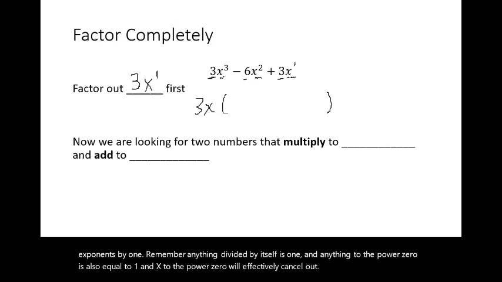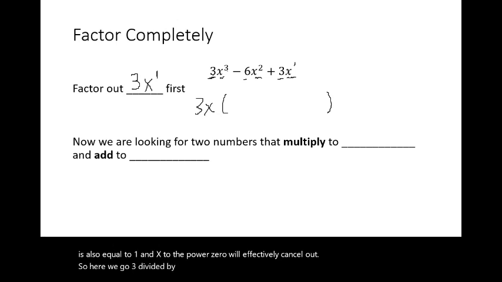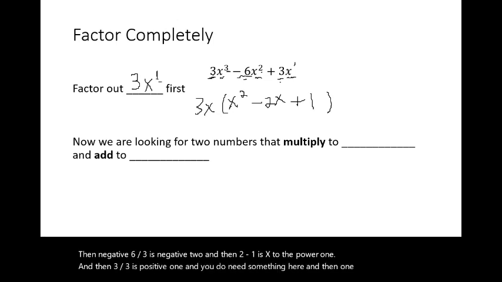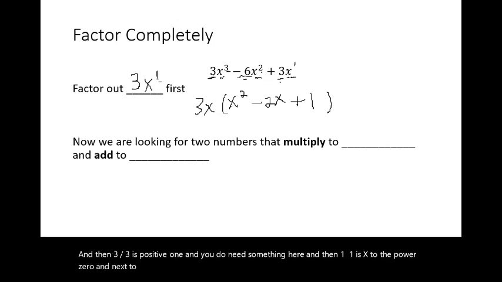So here we go. 3 divided by 3 is positive 1, and then 3 minus 1 is x to the power 2. Then negative 6 divided by 3 is negative 2, and then 2 minus 1 is x to the power 1. And then 3 divided by 3 is positive 1, and you do need something here. And then 1 minus 1 is x to the power 0, and x to the power 0 cancels out.